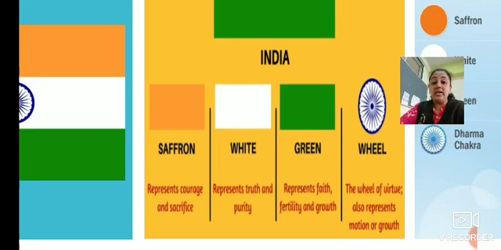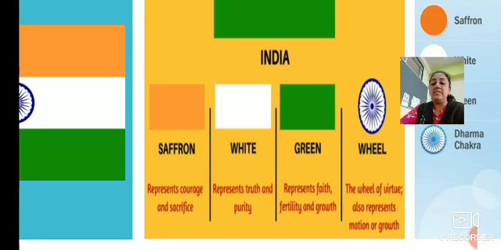The saffron color, which is the first band of the Tiranga, represents courage and sacrifice. What is meant by courage? You are all very courageous children, no? You are all very courageous students. Yes. So this orange or saffron color represents courage and sacrifice.